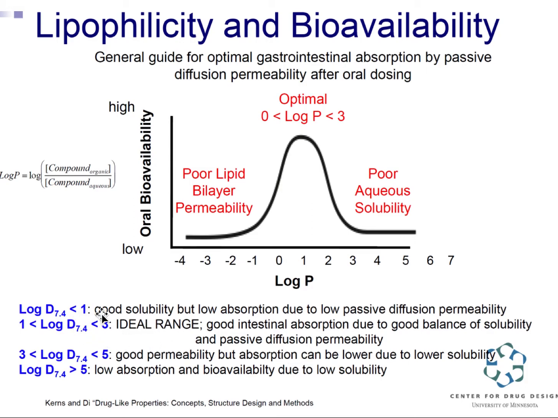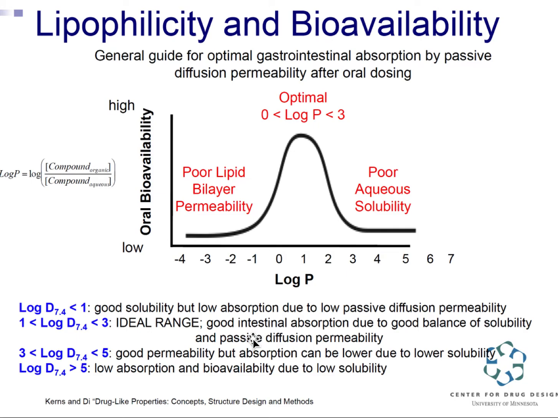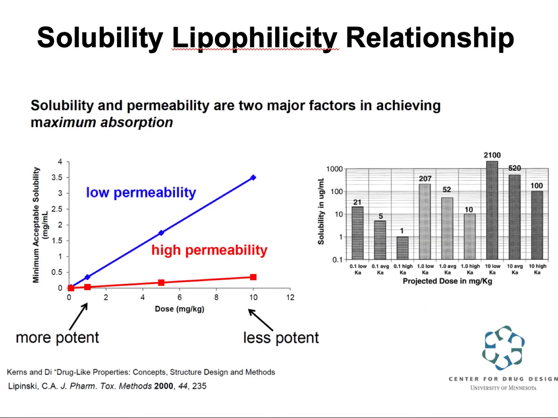So this is just giving you some numbers, and here this is with log D, the ideal range again for GI absorption. And remember, like we talked about at the beginning of the class, crossing the blood-brain barrier is even more stringent about the log P values.